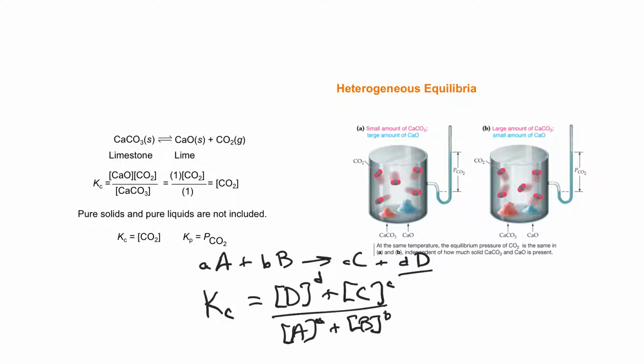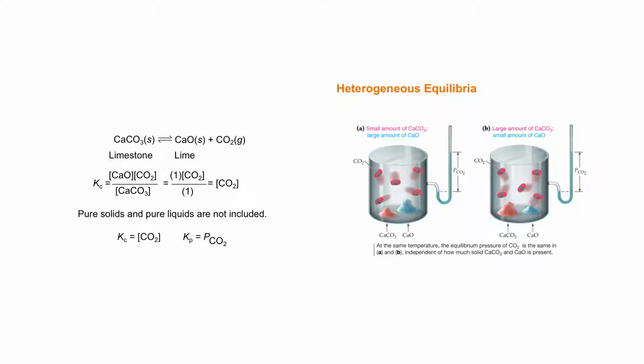So let me give you an example from this slide. In this example, you've got some limestone, which is calcium carbonate, and it will break apart into carbon dioxide gas and lime. Lime is what you mark a football field with. So that calcium oxide is a solid.